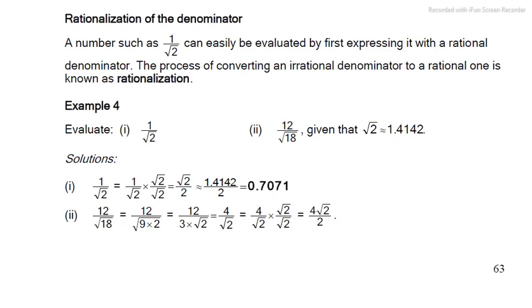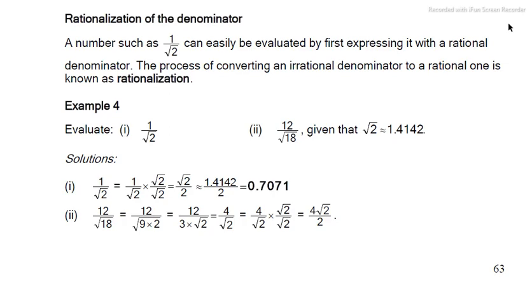A number such as 1 over root 2 can be written or evaluated by first expressing it as a rational number with a rational denominator. For instance, if we have 1 over root 2, then how shall we rationalize the denominator of this fraction? It is a fraction whose denominator is an irrational number.